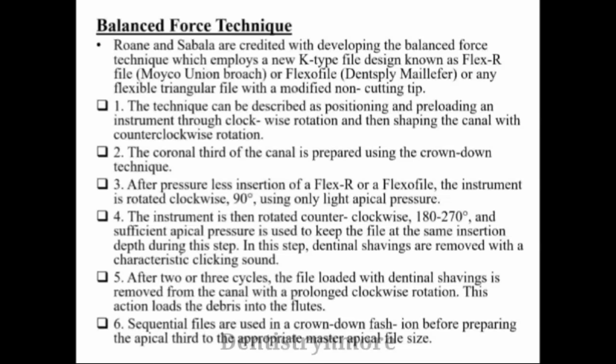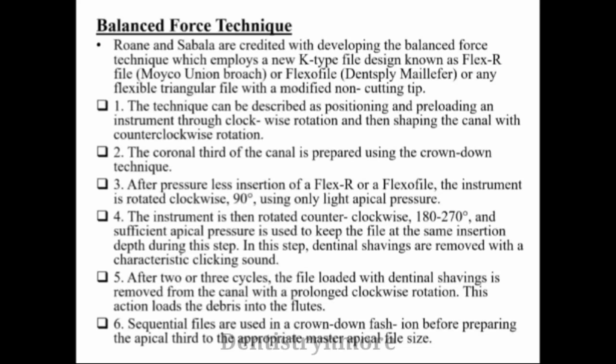Now we are moving to the balanced force technique. This technique is described as positioning and preloading the instrument through clockwise rotation, and then shaping the canal with counterclockwise rotation. The coronal third of the canal is prepared using the crown down technique.